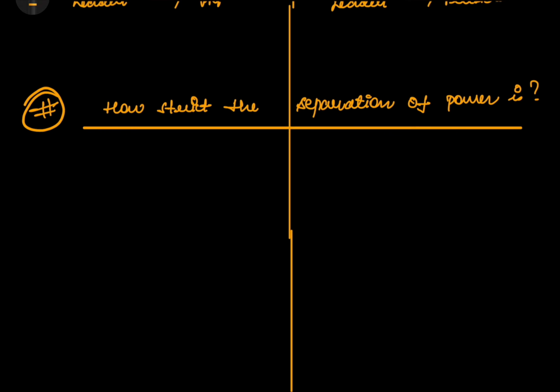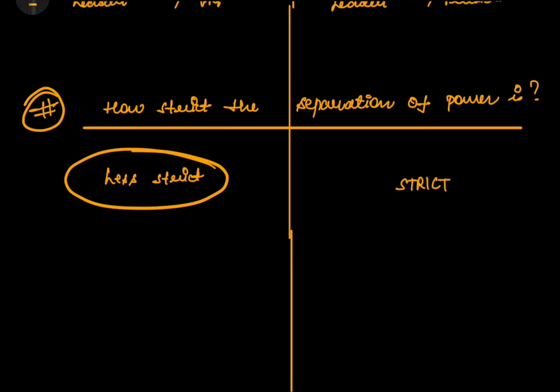In the parliamentary form of government, you will find that the separation of power between the executive and legislature is less strict. But in the US, that is in the presidential form of government, you will find the separation of power between the executive and the legislature very strict. They function completely independently.